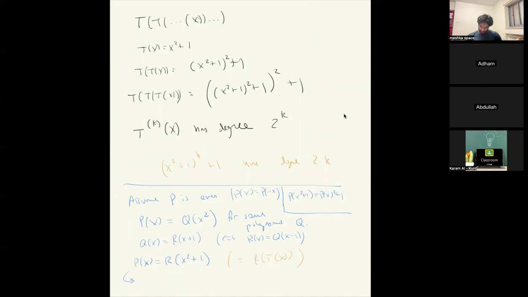The functional equation is P of T of X equals T of P of X, but now we're saying P is R of T, so it tells us that R of T of X equals T of R of T of X. But what it means then is that R of T of X minus T of R of X has roots. Does it make sense?